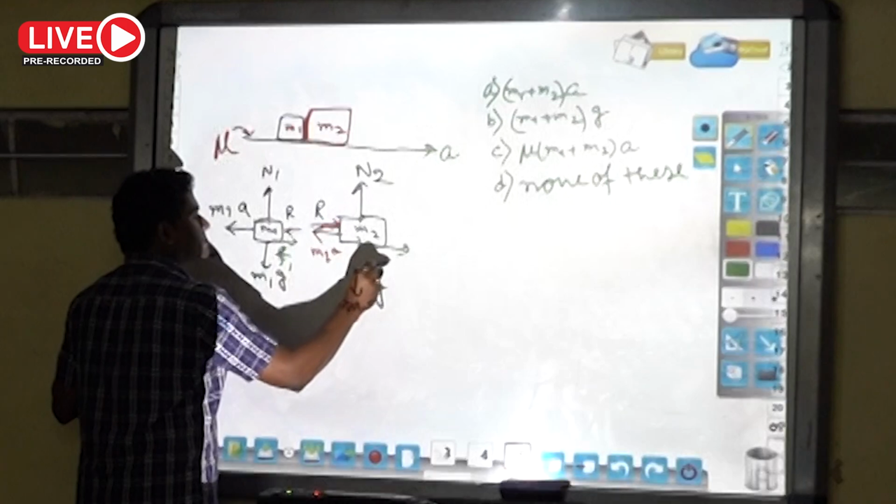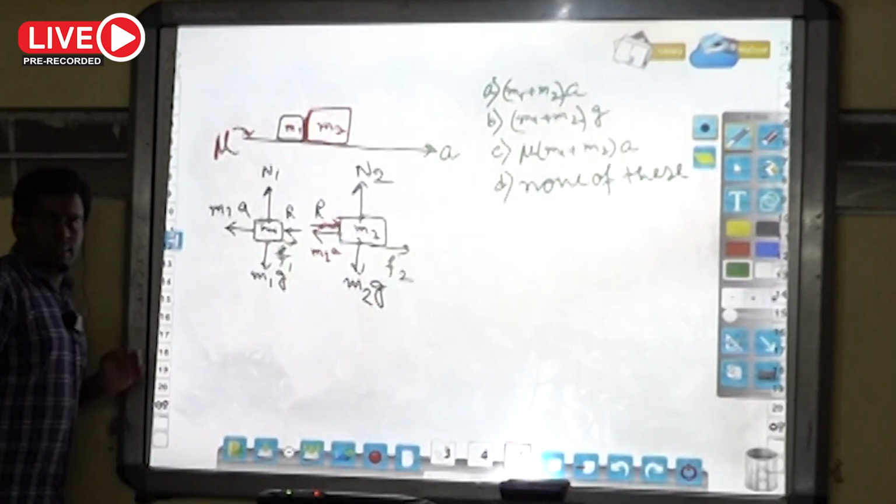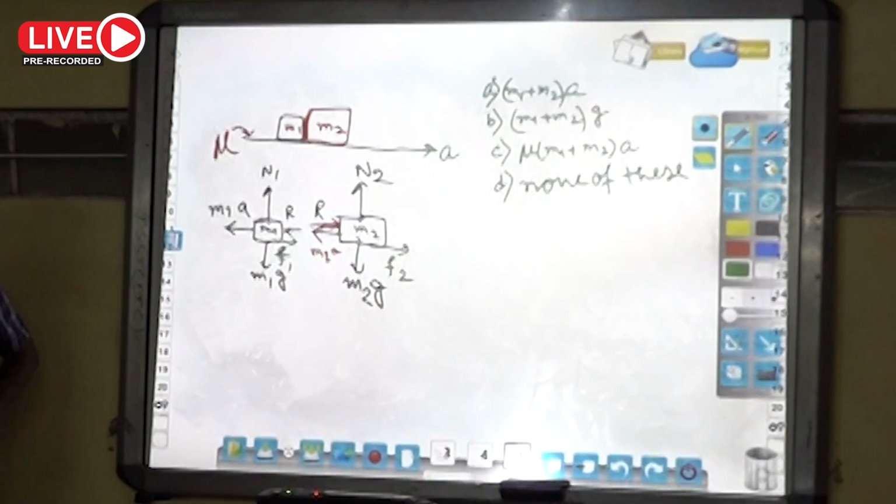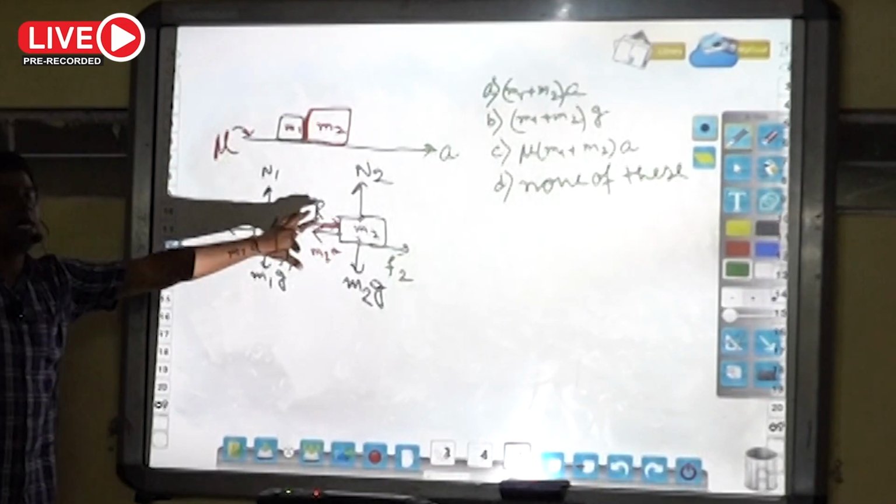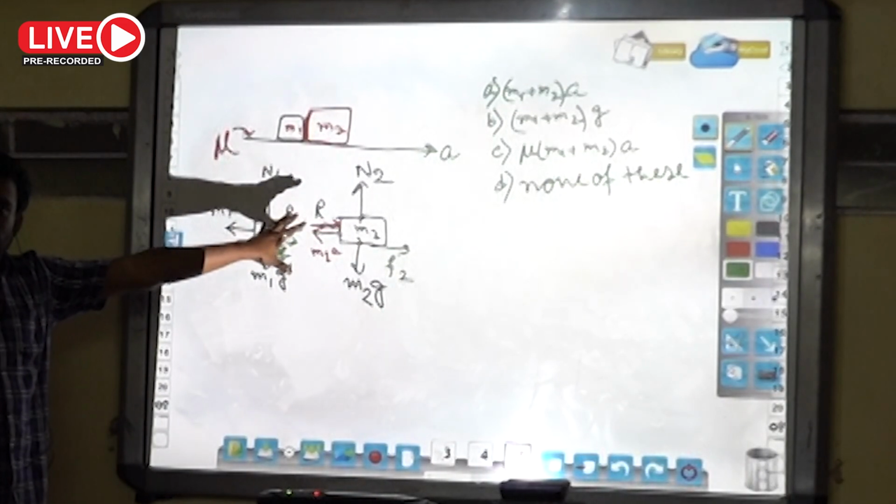On this side friction acts here, F2. Now we are considering pseudo force, which means which frame of reference? Non-inertial. And with respect to the non-inertial frame, these objects are now at rest.